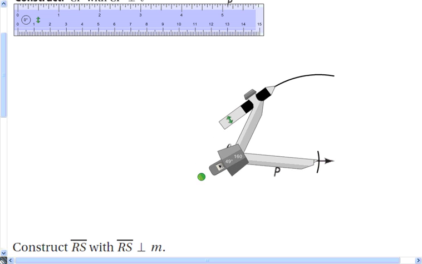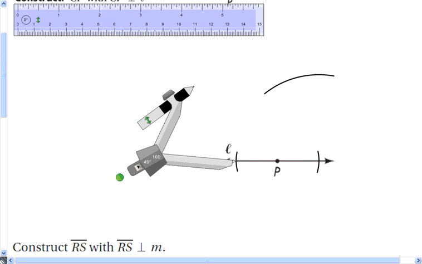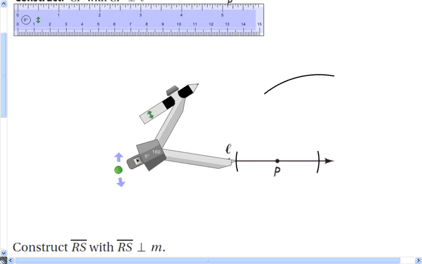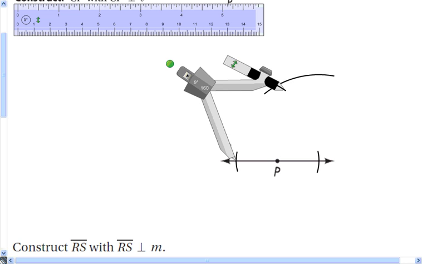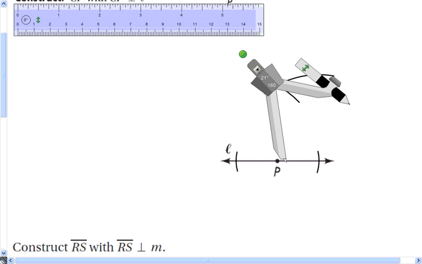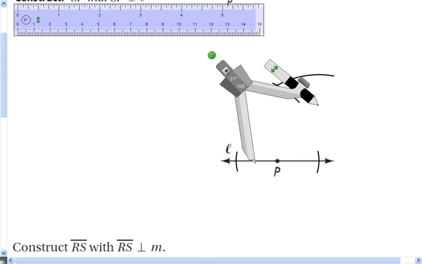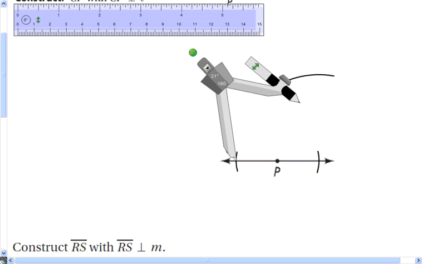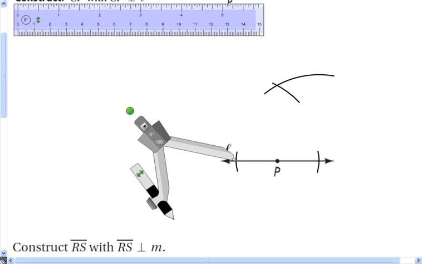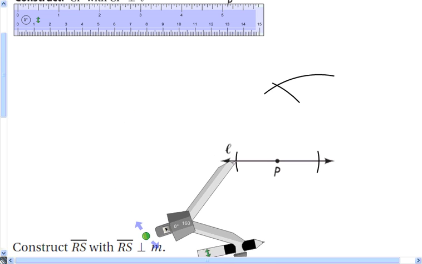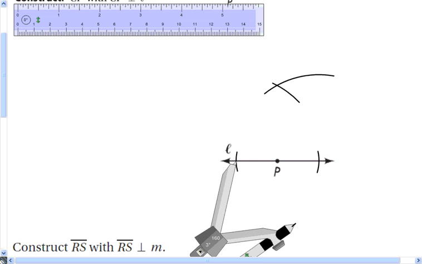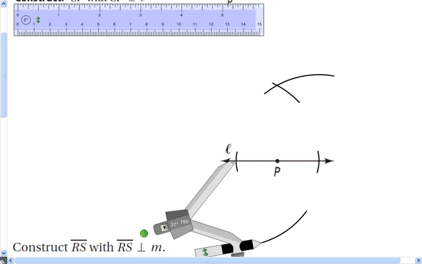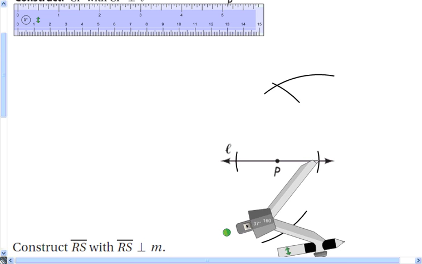Then I'm going to go to the other side and draw that line. Then I'm going to do the same thing on the bottom here. Find where those two arcs cross.